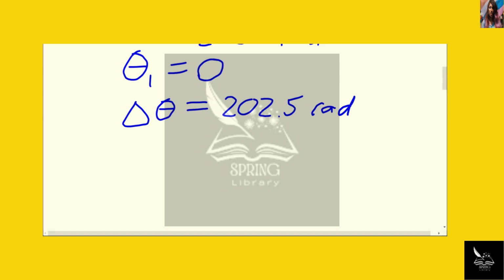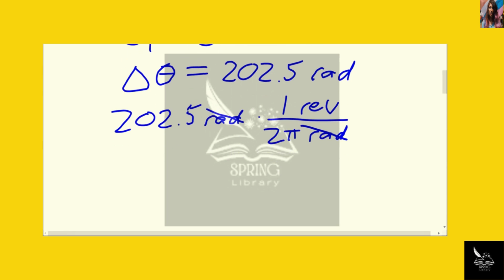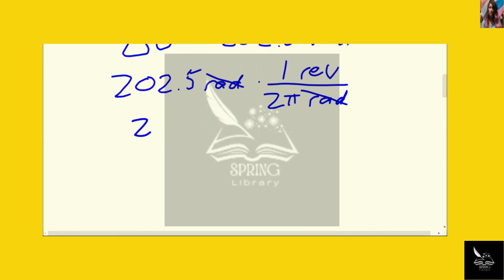Now we can convert this to revolutions. We know there are 2 pi radians in 1 revolution. So if we multiply our 202.5 radians by 1 revolution over 2 pi radians, our radian units are going to cancel out and we'll be left with revolutions.